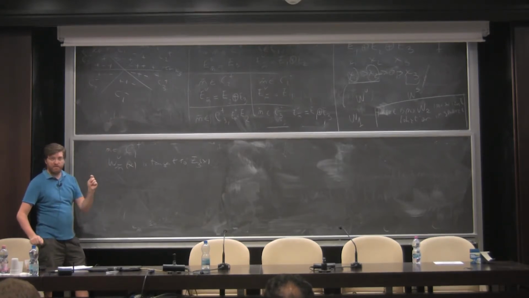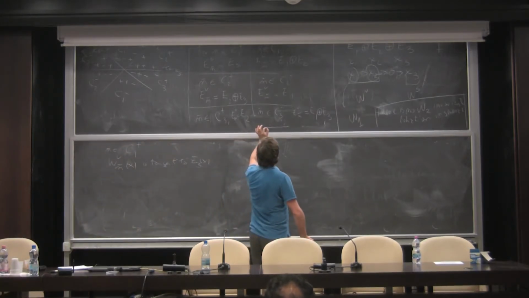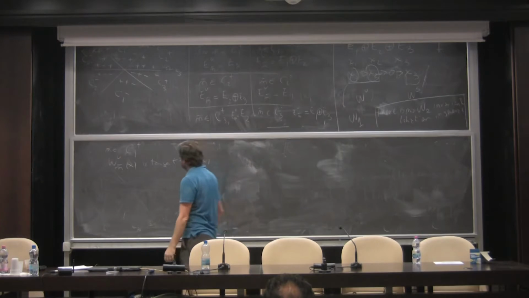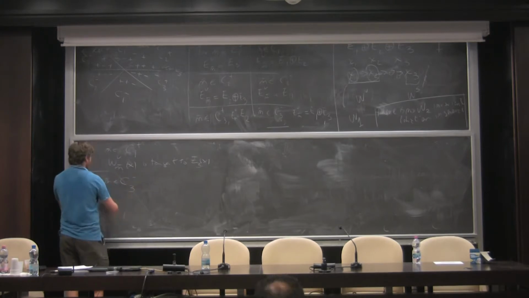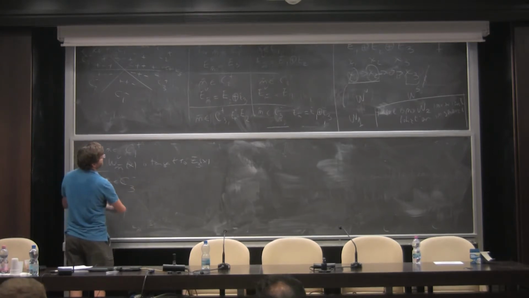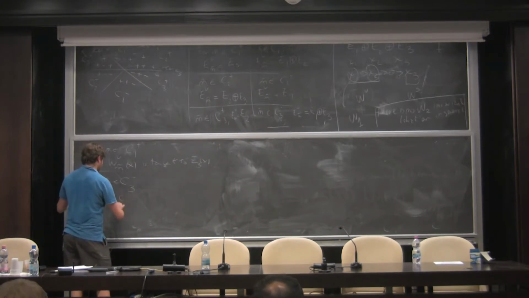Okay? And let me just now make a very specific case, which is, let's take n in C minus, and then I take n in C2 plus. So take n1 and take n2.